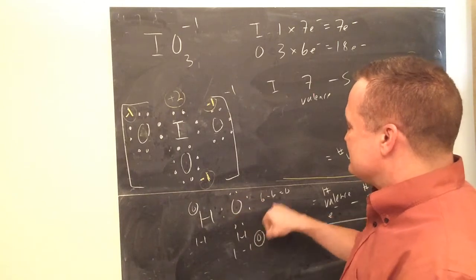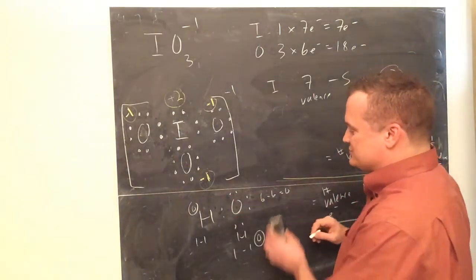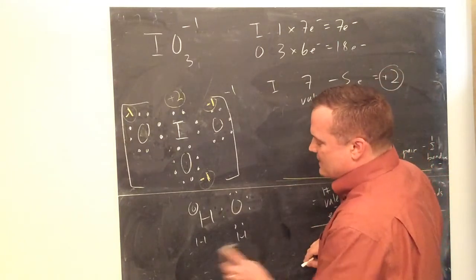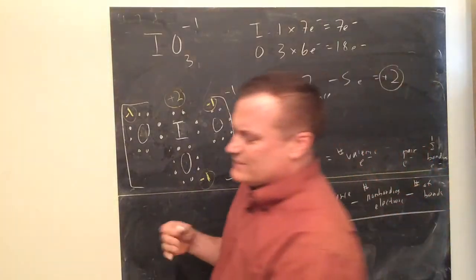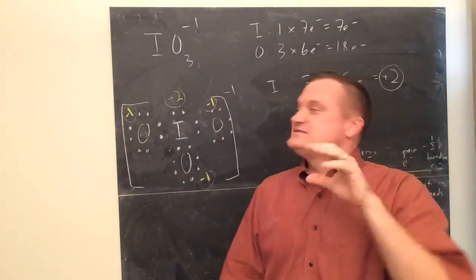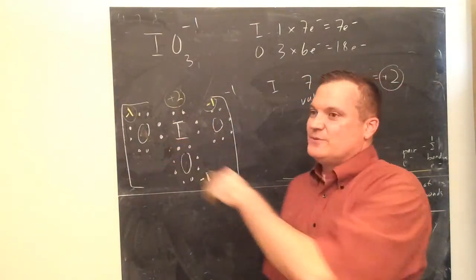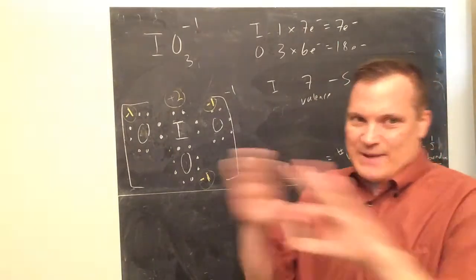So it's 0, 0, 0. 0 plus 0 plus 0 is 0, and there's no charge on H2O. But it's interesting, some molecules you will get a positive 1 and a negative 1. So if a molecule has no charge, you might still have some charges within the molecule, but they'll add up to 0.